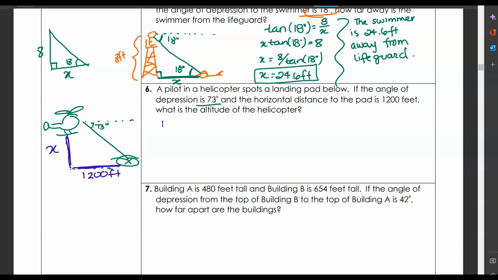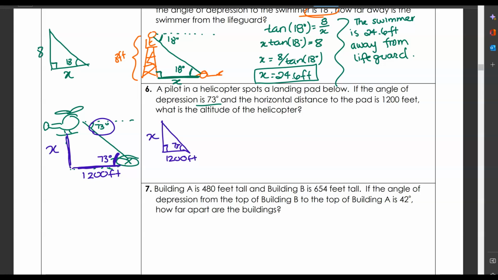So let's turn this into a nicer looking triangle, just without the illustration. Because the angle of depression is out here, remember I have that congruent angle, so I know that that's the same angle here. So this is going to be that 73 degrees. I know that this is 1,200 feet, and I know I'm looking for this X here.